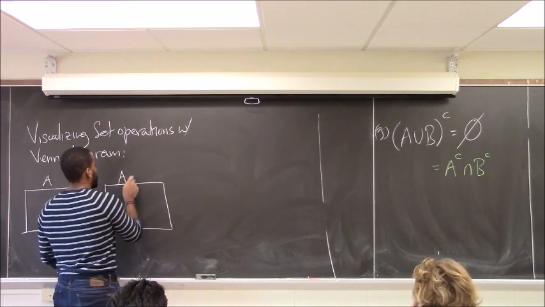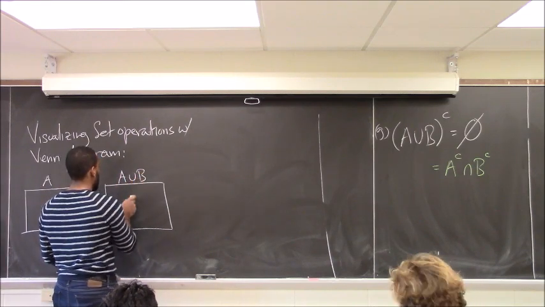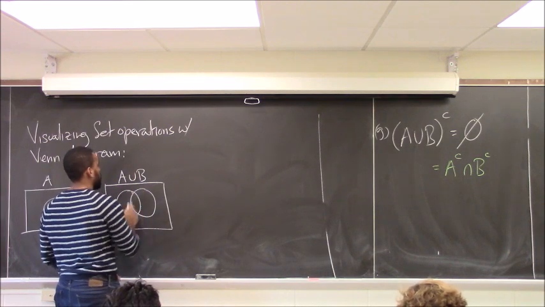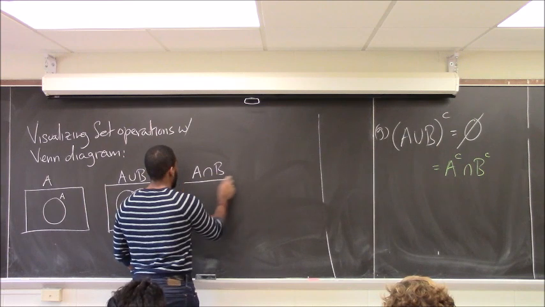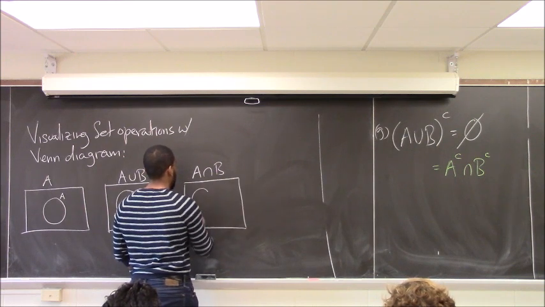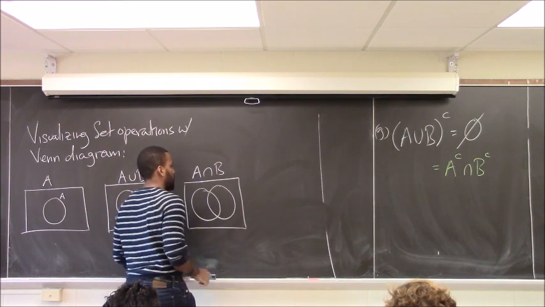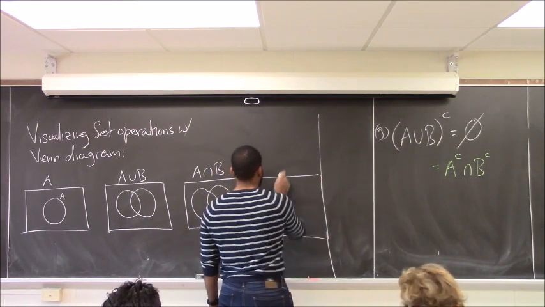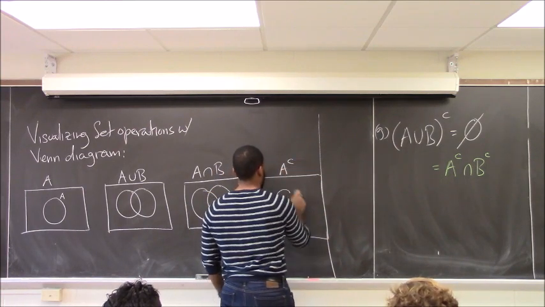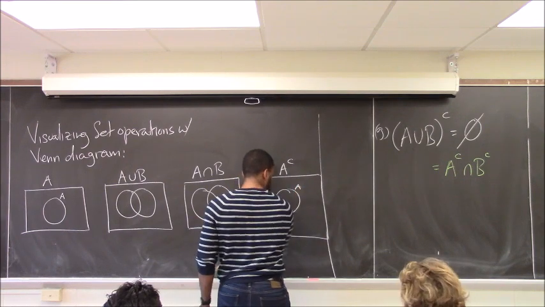What if I wanted to represent A union B? So I have two sets here. What if I wanted to represent A and B? Two sets here. What if I wanted to represent A complement? So one set A here.